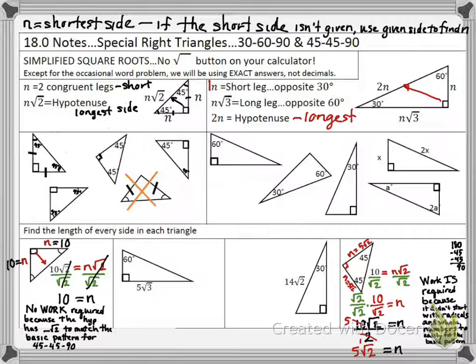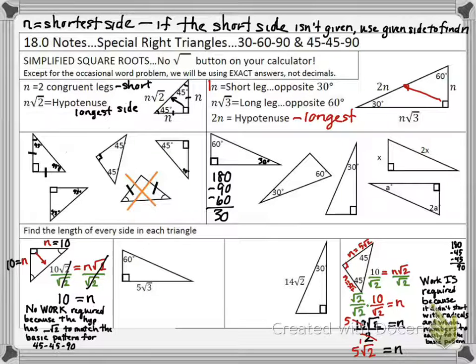And we're going to use the same process we used before. If I had 180, and I took away 90, and I took away 60, I'd end up with 30. I know this is 30 degrees. Same process.